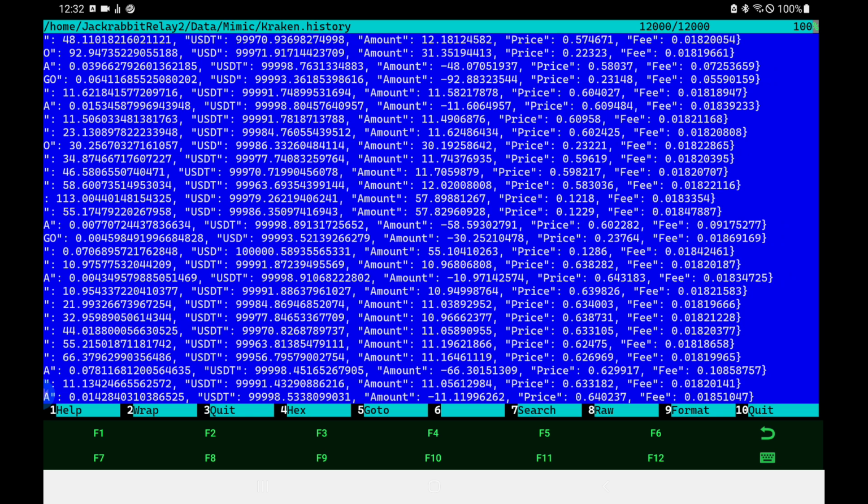Now, the thing about this, as I demonstrated in my last video, I wanted 12 ADA, but because of the fee, I got 11.11 ADA. That is important to understand. This does in fact emulate the fact that your orders are not going to be perfect.